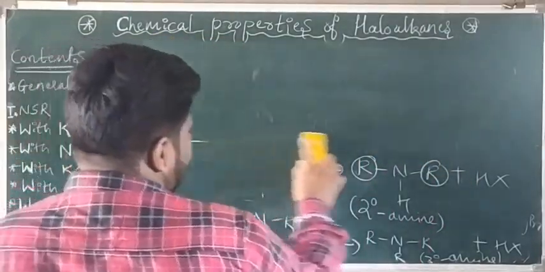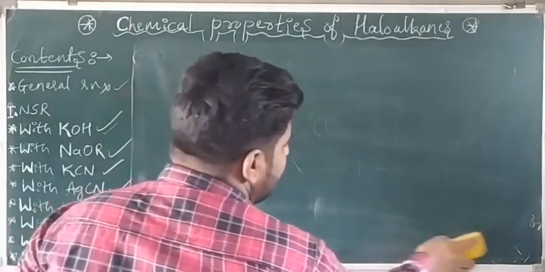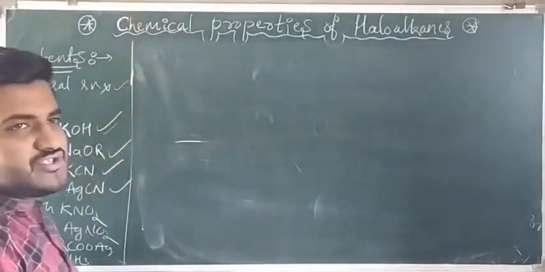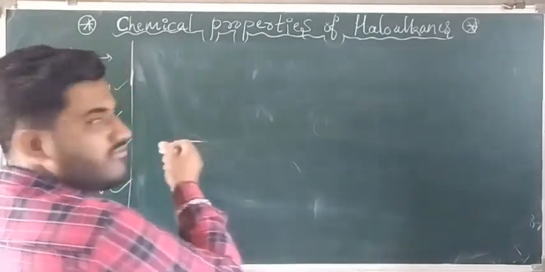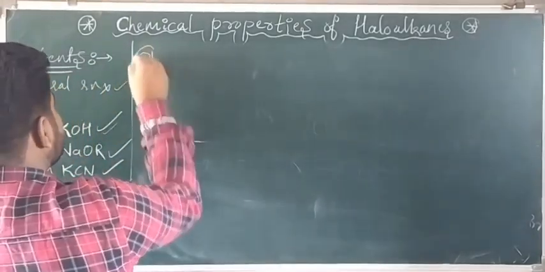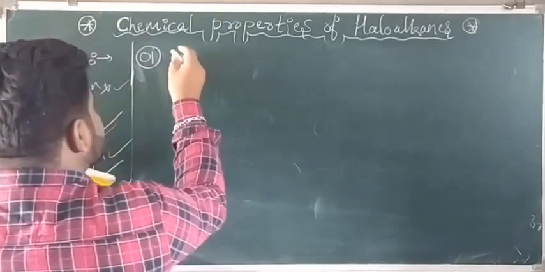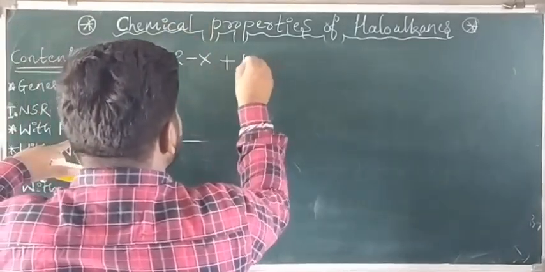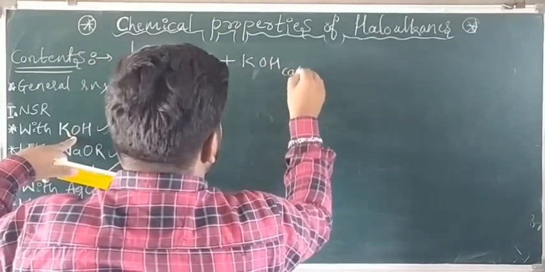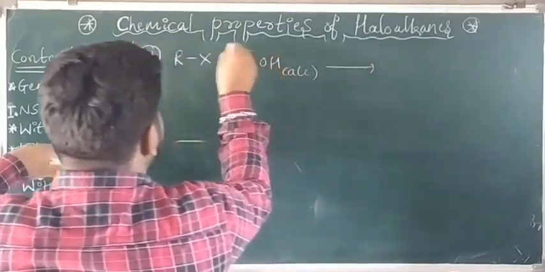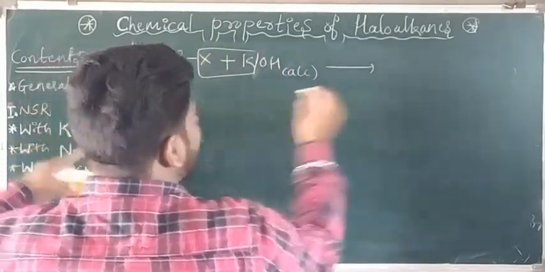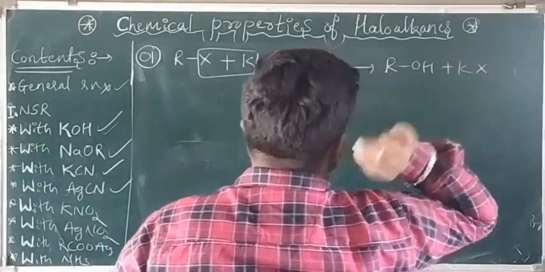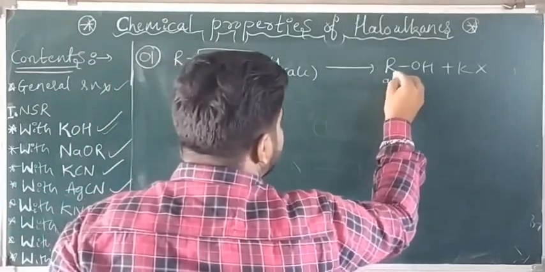So in today's class, we have discussed nucleophilic substitutions of haloalkanes. In that, first one is reaction with KOH. When haloalkanes react with alcoholic KOH, what did we get? KX is eliminated and ROH is formed, right? RX plus KOH gives ROH plus KX. This is nothing but alcohol formed.